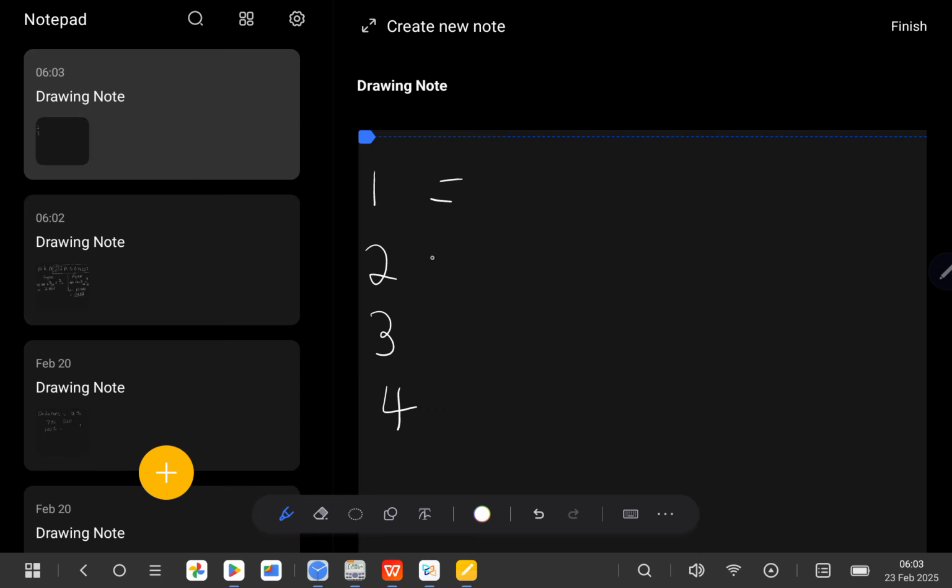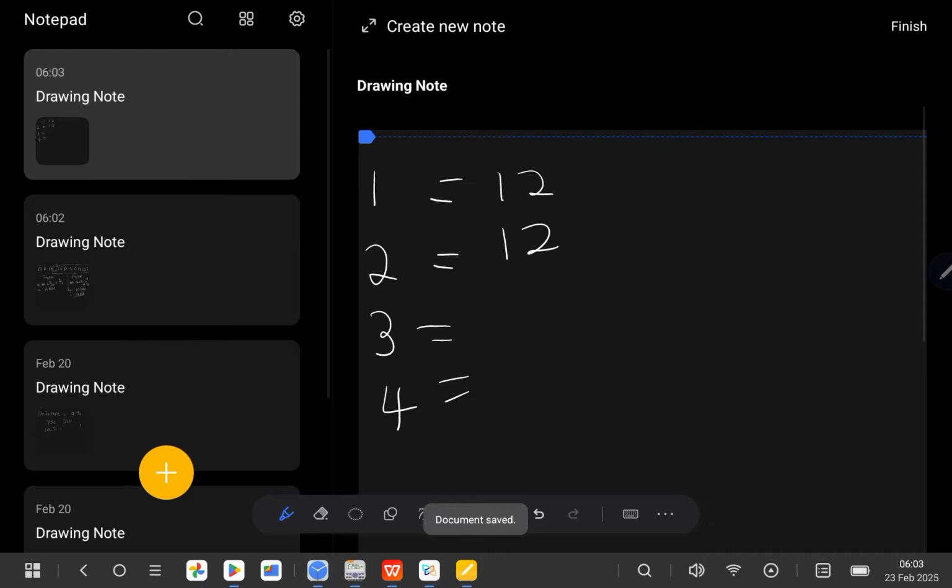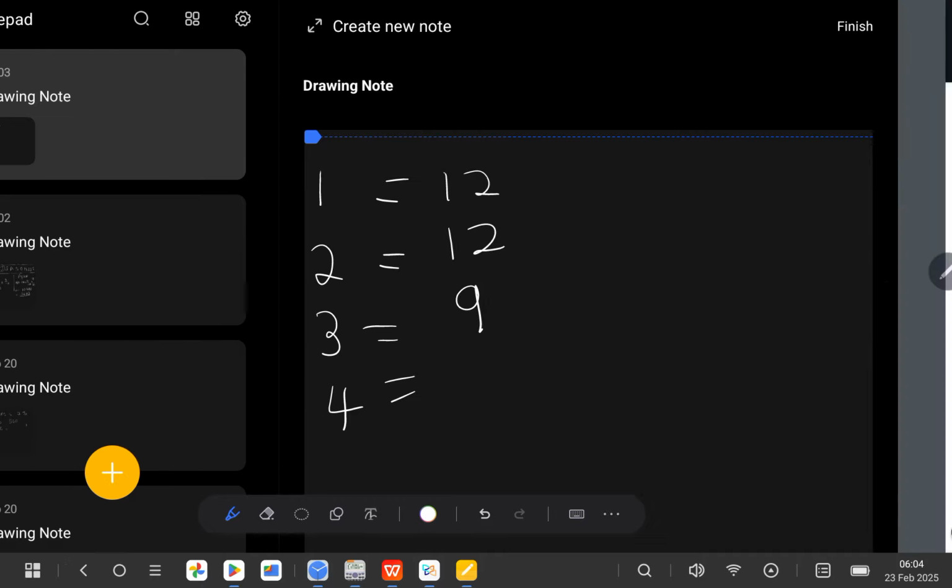Now they are saying that of all these directors, only 2 of them got complete payments. So these 2 got 12 complete payments. Okay, and then let's hear what else they are saying. They're saying that one director only received for 9 months. So we can say the third director received for 9, and then let's hear what the other director received.